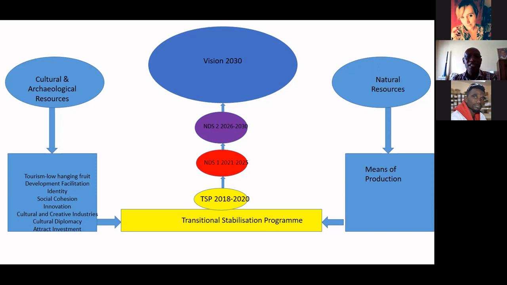Starting with the transitional stabilization program, archaeological resources were seen as central, especially in the tourism industry, where archaeological sites like Great Zimbabwe, Khami, and the Matobo cultural landscape were all seen as low-hanging fruit which could drive development.